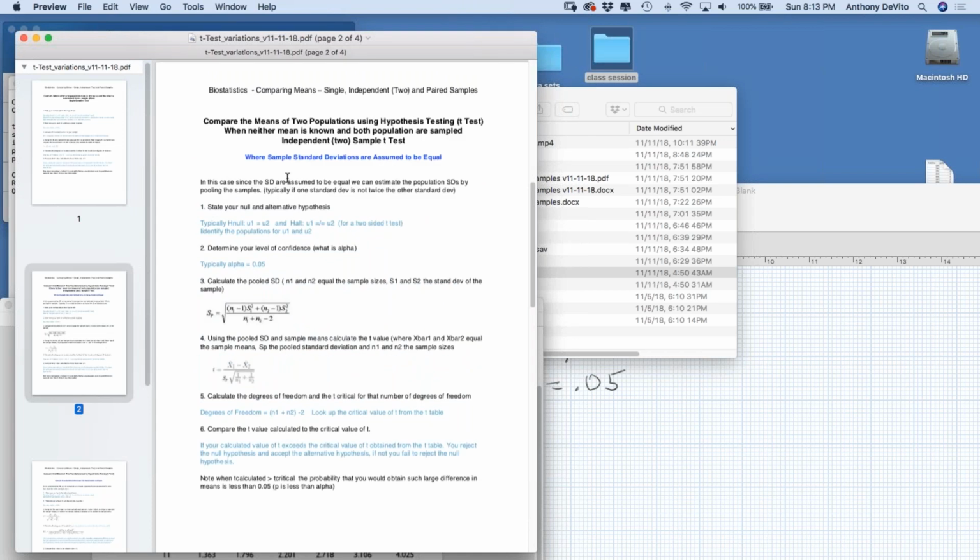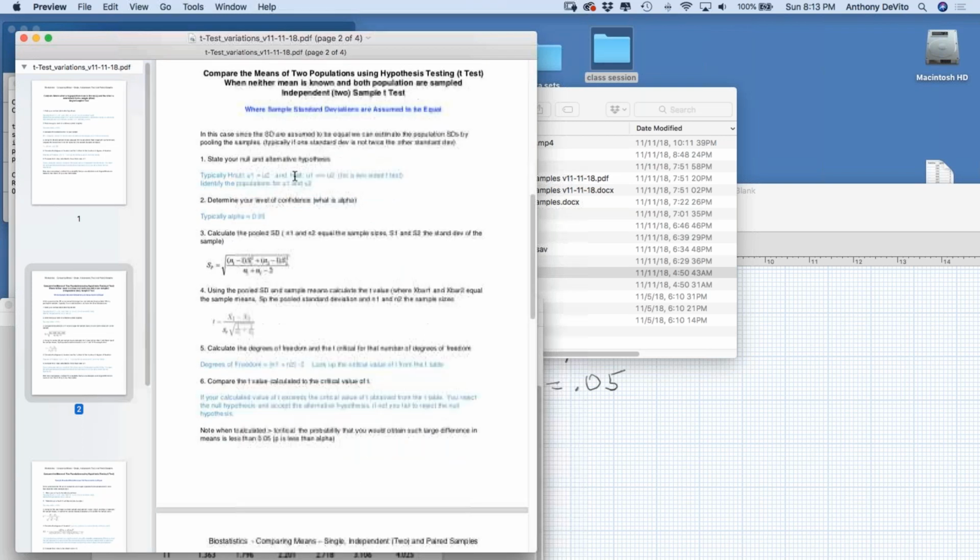But if we did it for independent samples, well, we would need to calculate a pooled standard deviation if we assumed the standard deviations to be equal. So our t-value would be equal to x bar for the first group minus x bar for the second group. No big surprise there. Divided by our standard error.